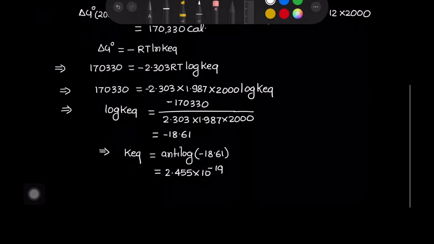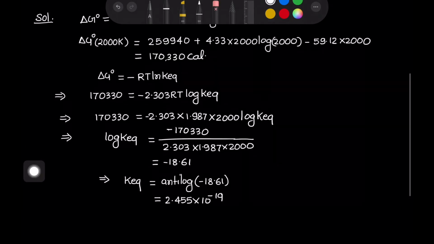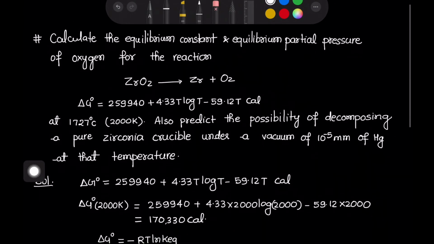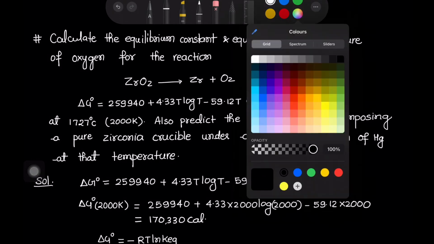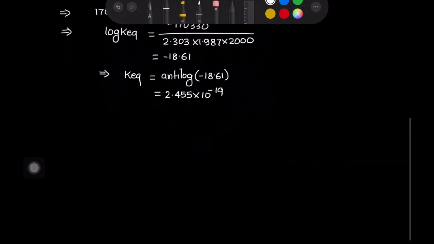So the answer for the first part of the question is 2.455 into 10 raised to minus 19. That is the value of K equilibrium, because we have to calculate the equilibrium constant, and we have already calculated this value. Then we have to calculate the equilibrium partial pressure.